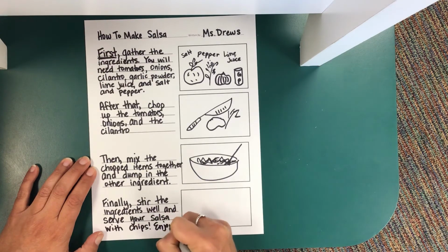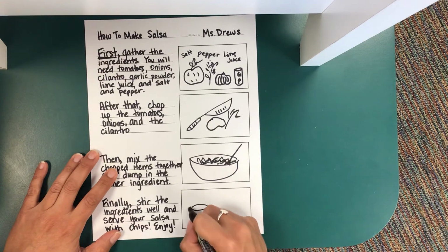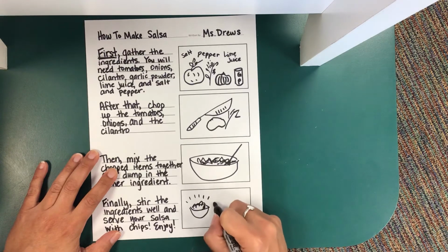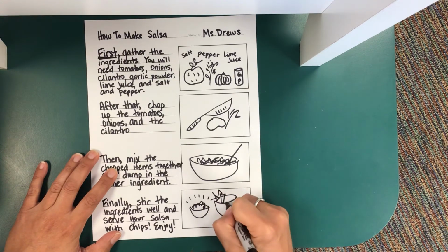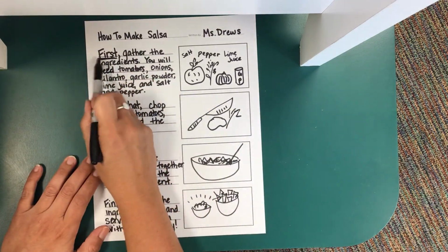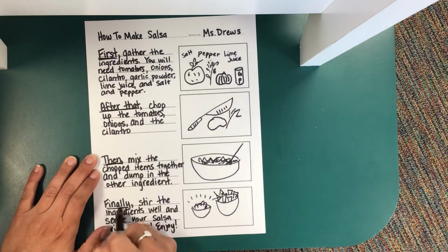Enjoy. Kind of feels like I'm making a recipe book here. All right, so now I've got the finished product. Yay! And maybe next to it, I've got like another big container of chips. And I've got my time order words just to make sure. First, after that, then, and finally.